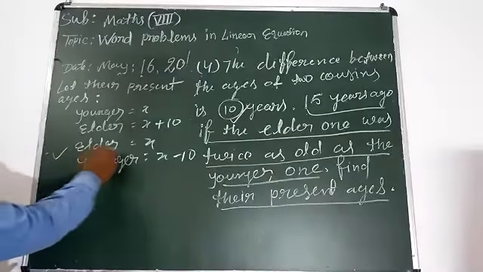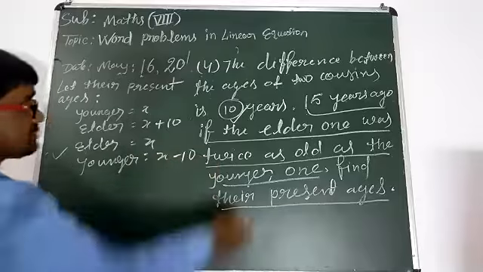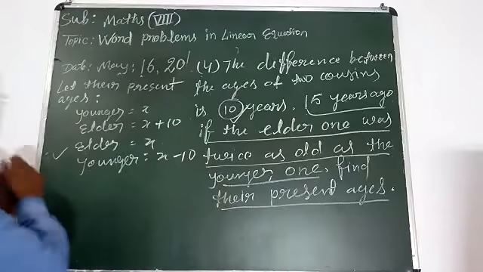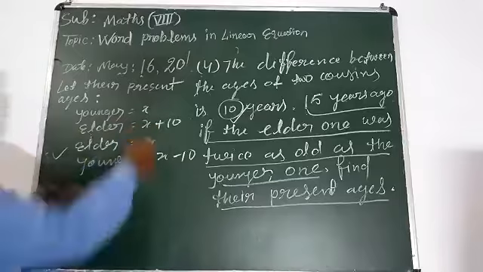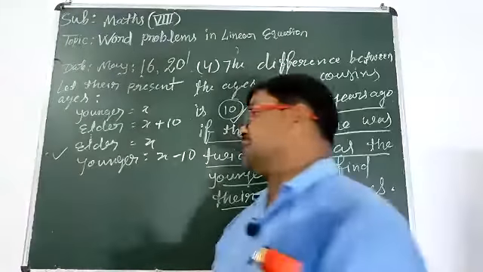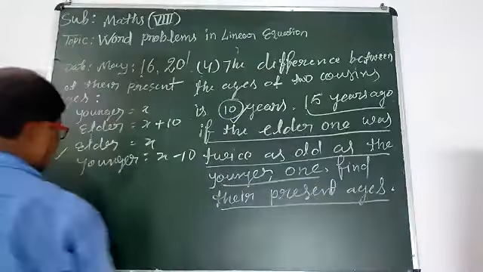If you are starting elder x, then the younger will be x minus 10. If you are supposing younger x, then the elder will be x plus 10, because the difference between their ages is 10 years.